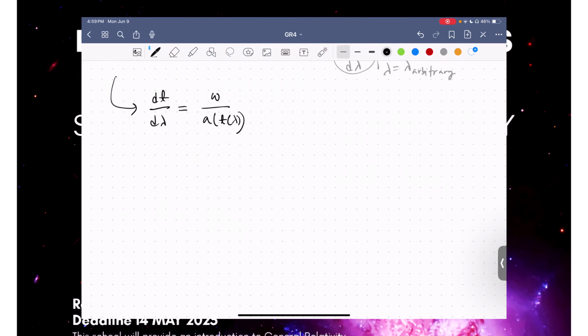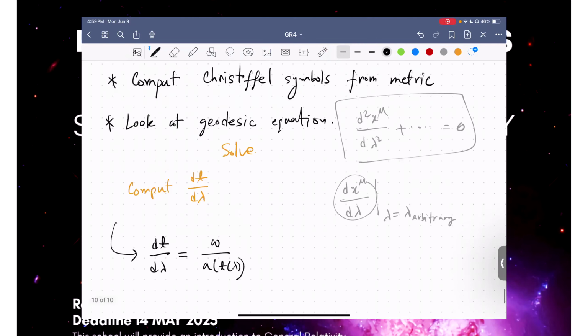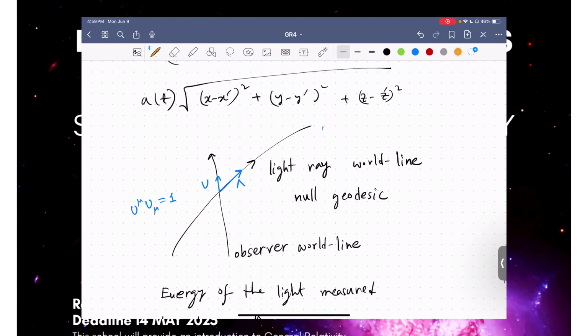So what you're going to end up with is the following. Suppose you evaluate, so recall that lambda is the parameter along this line, right? So suppose this point corresponds to lambda equals lambda 1, and this point corresponds to lambda equals lambda 2.